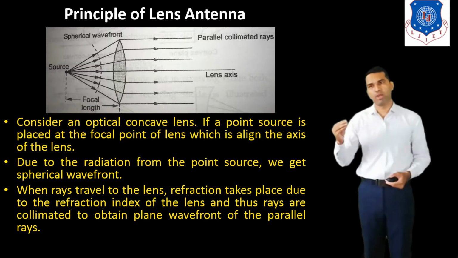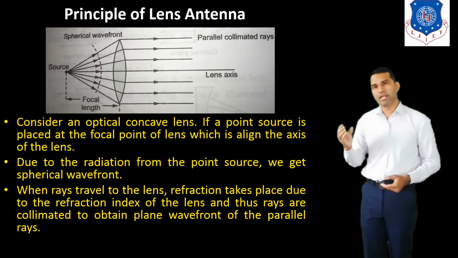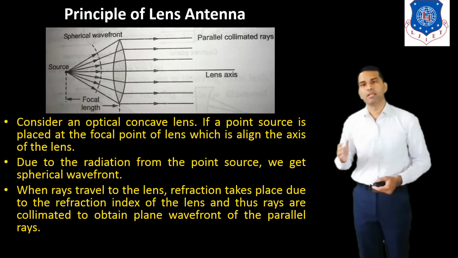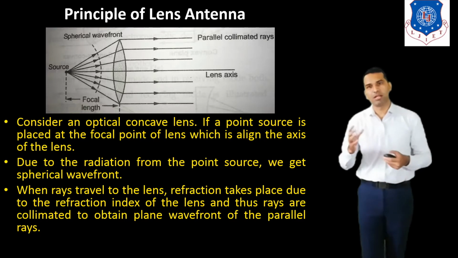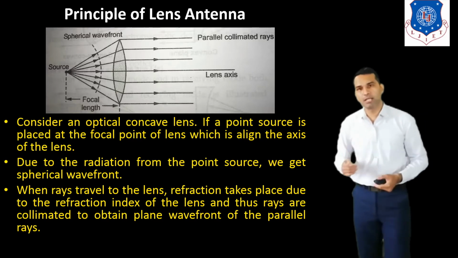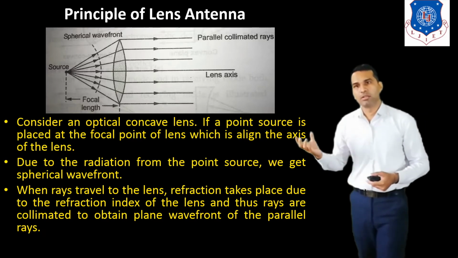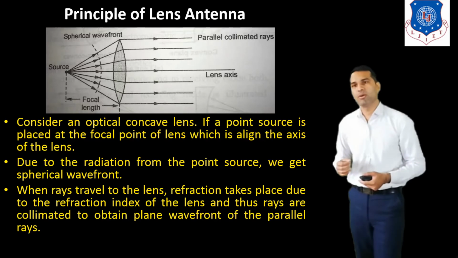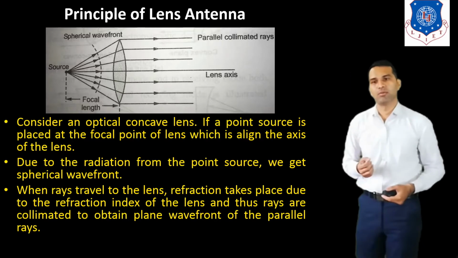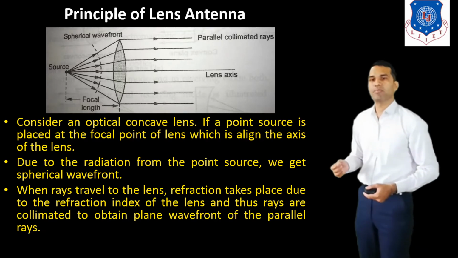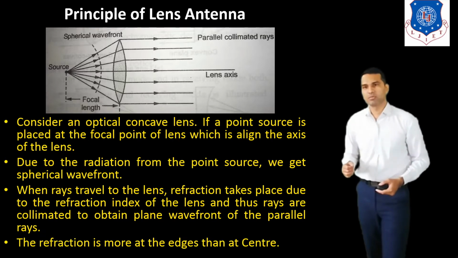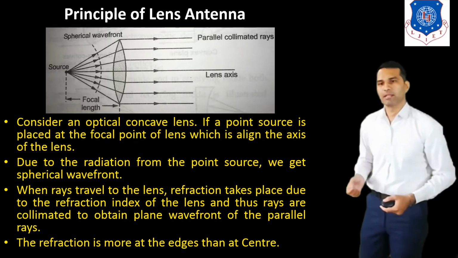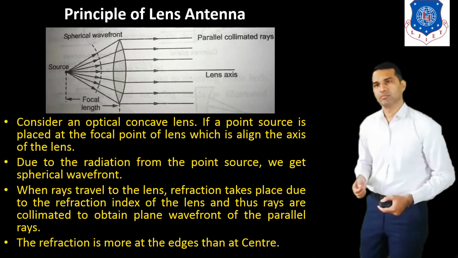When the source radiates energy it produces a spherical wavefront, and when it strikes the lens, due to the refractive index, the lens converts this spherical wavefront into a parallel wave. The refraction is more at the edge than at the center.